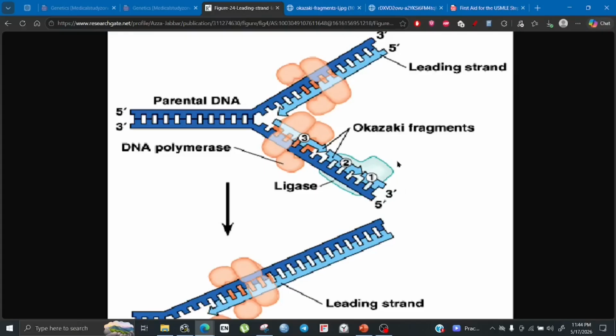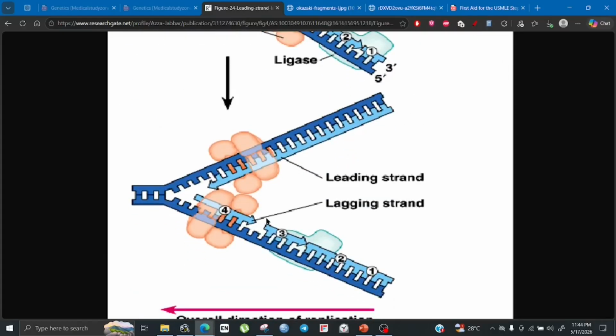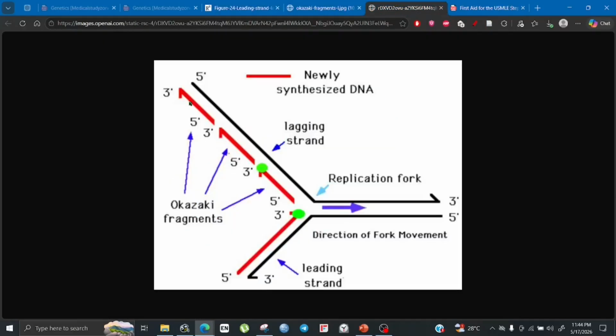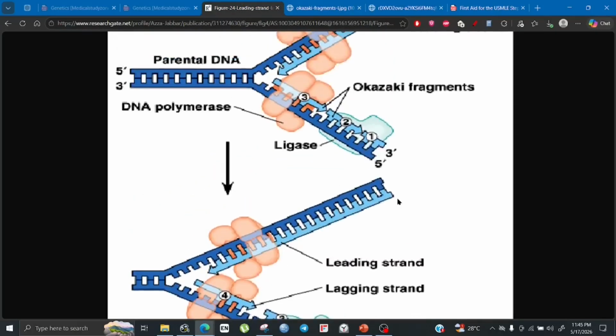But the problem is that the strand cannot be increased from this side, it has to be increased from this side. So what it does is that it forms the lagging strand in parts. You can see the red one, it forms it in parts, right? You have to use a bit of your imagination now.